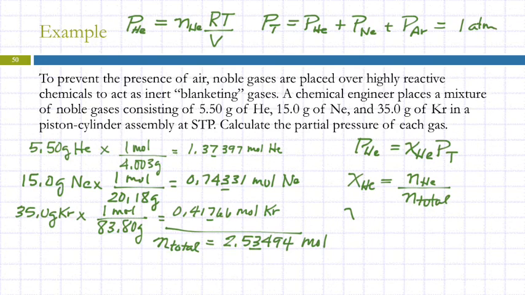So the mole fraction of helium is equal to the moles of helium, 1.37397, divided by the total, 2.5349. So this is moles, and that's moles. What happens to the units?